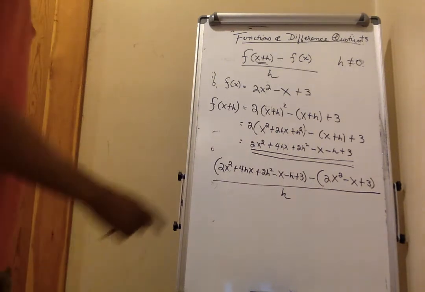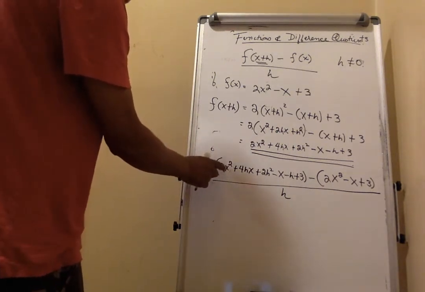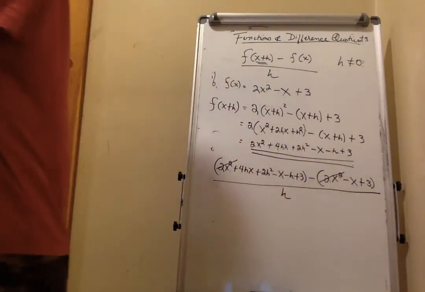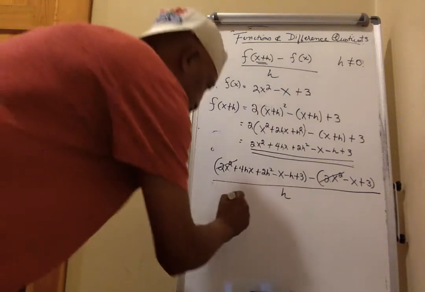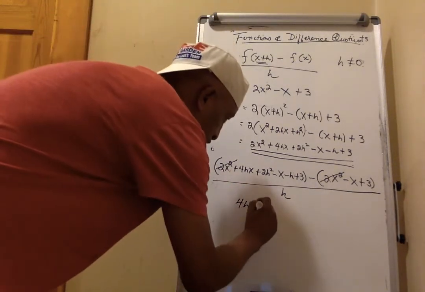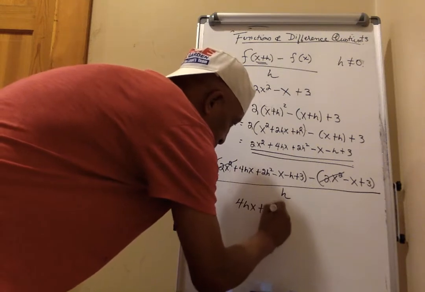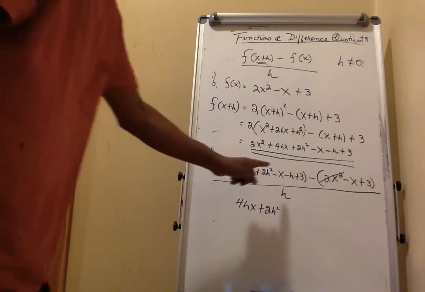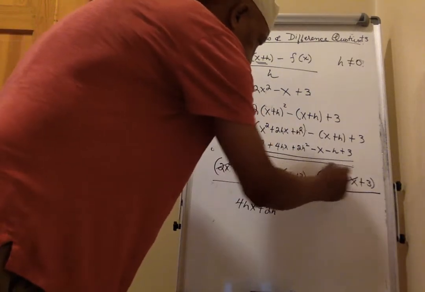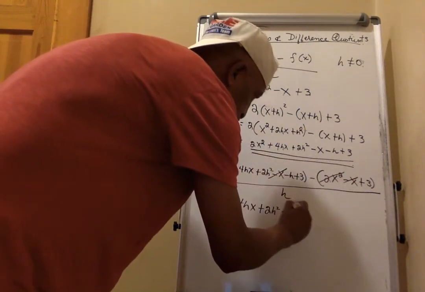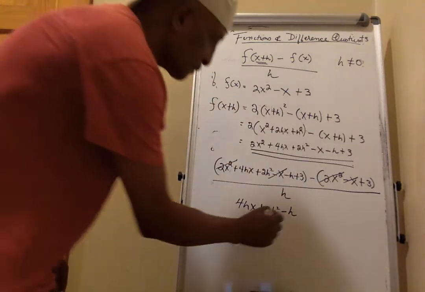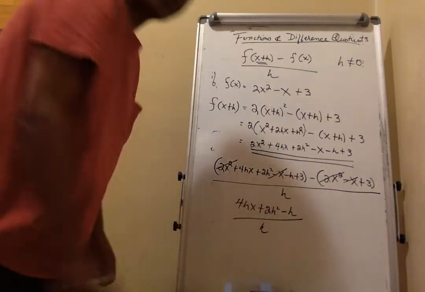So we are going to simplify this. 2x squared minus 2x squared, they cancel out. Bring 4hx plus 2h squared. Minus x minus minus x, they cancel out. Bring minus h, and the 3 also cancels out. 3 minus 3 is 0, over h.